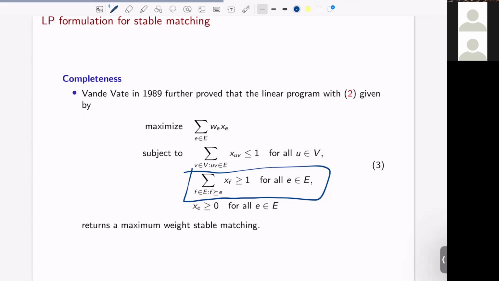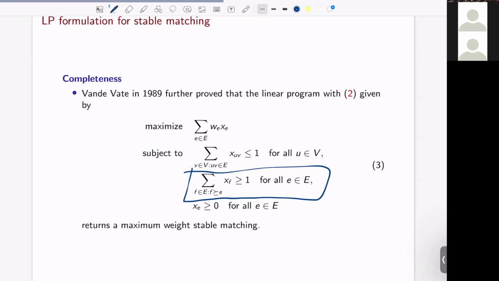Any questions? Yeah, so the question is that the number of constraints is V squared, which is the number of edges.